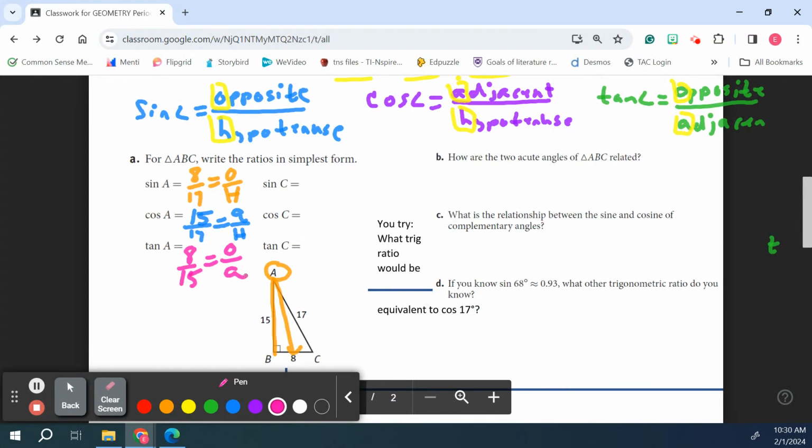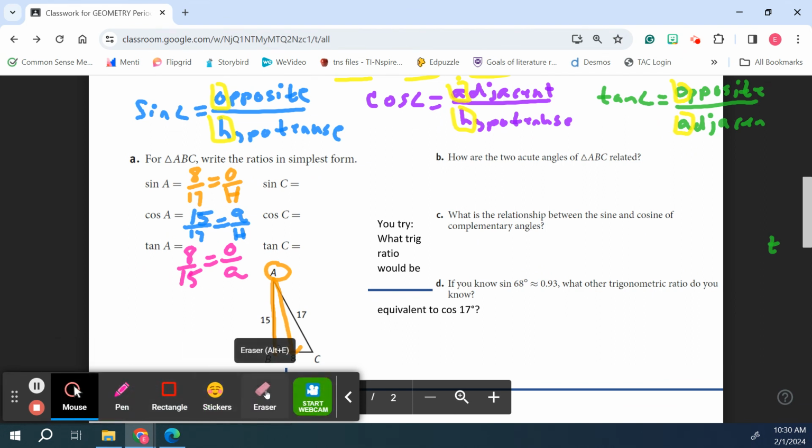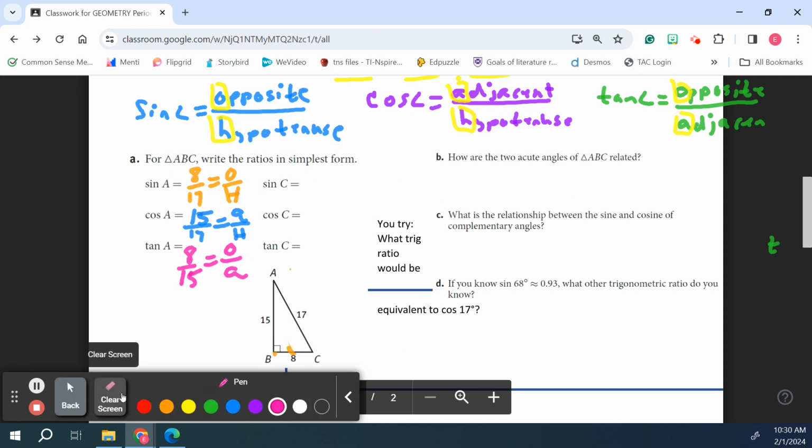Questions on that? I want you guys to try it for letter C on your own. So for letter C, remember, circle this, identify what's your opposite, what's your adjacent, and then what's your hypotenuse. Give these three a shot.